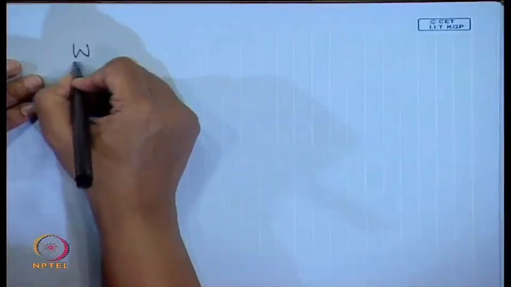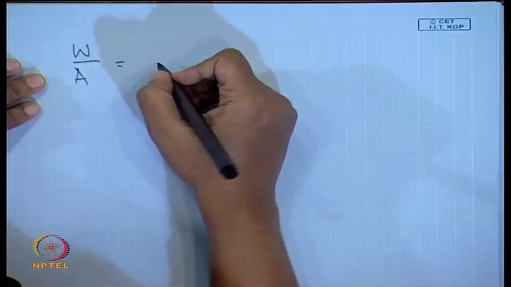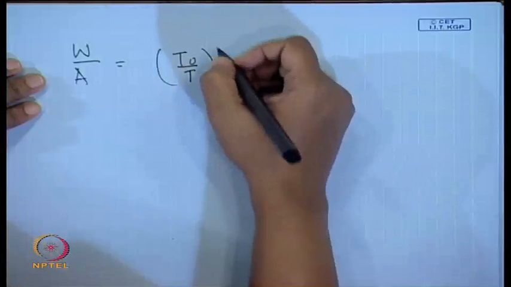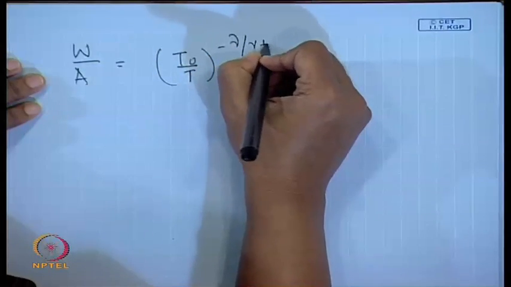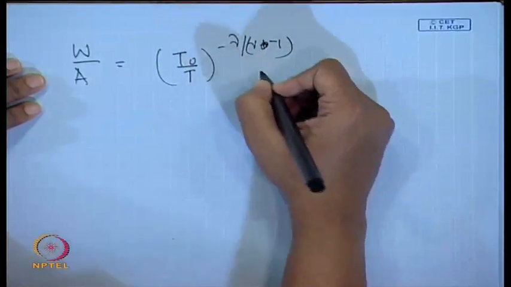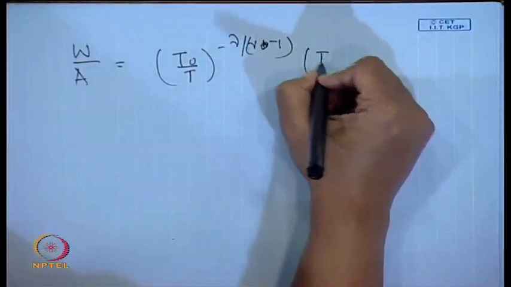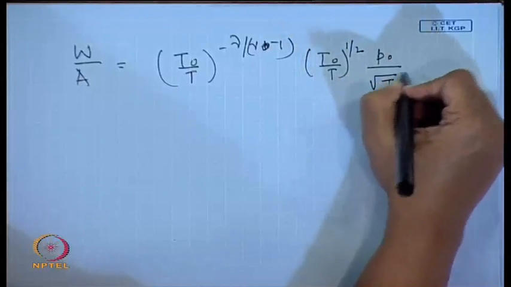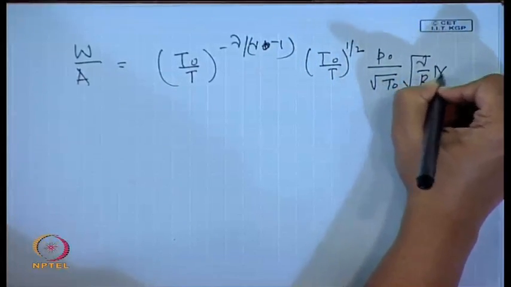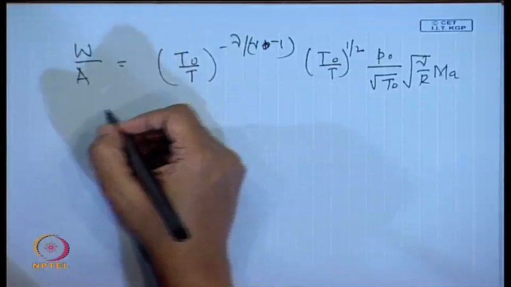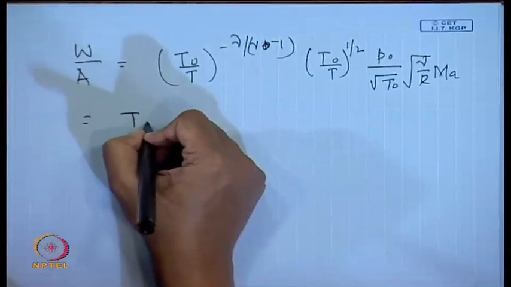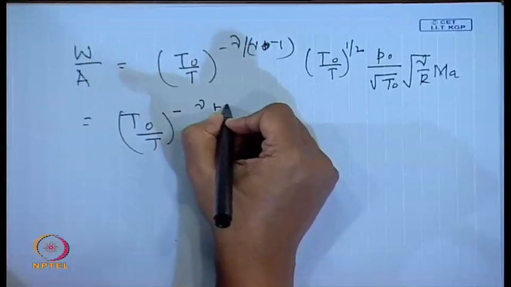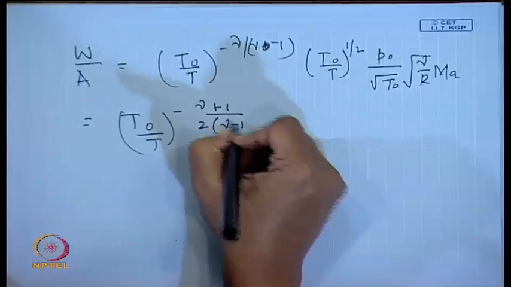We get W by A, this is equal to, in that particular case, T0 by T. Instead of P0 by P I am writing gamma by gamma minus 1, okay, and T0 by T whole to the power half P0 by root over T0 root gamma by R into Ma, okay, and then I can write this as T0 by T whole to the power minus of gamma plus 1 by 2 into gamma minus 1.